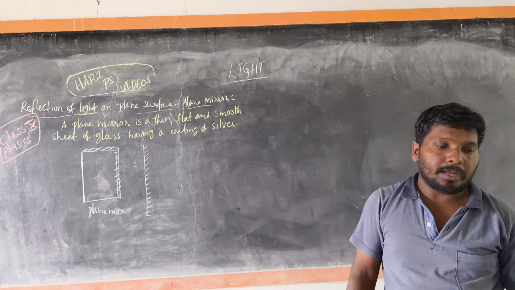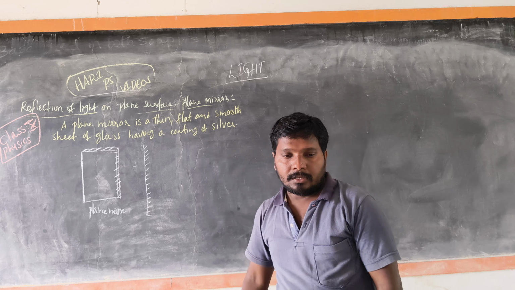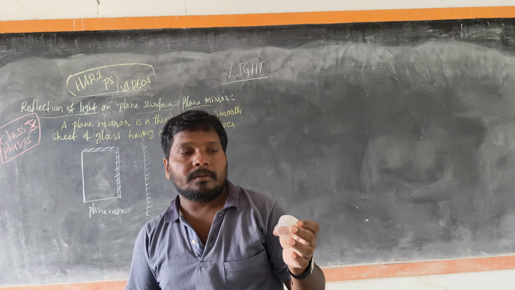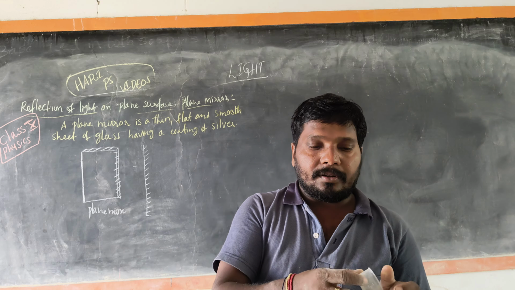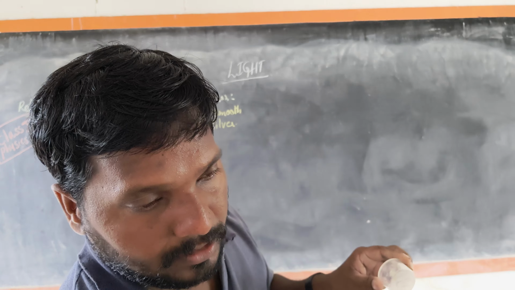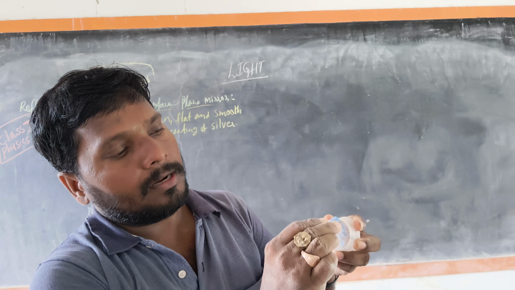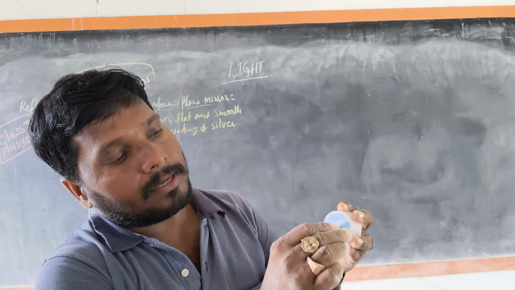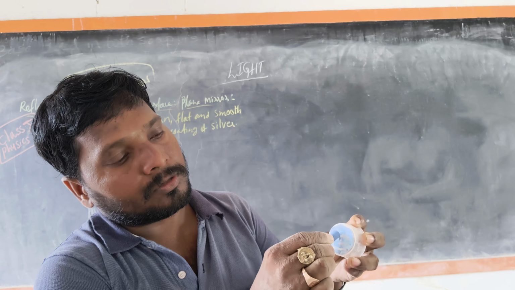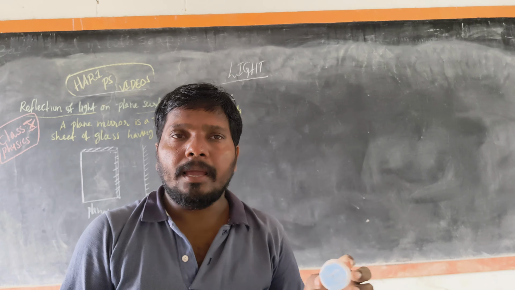The reflection of light in a plane mirror takes place at the silver surface in it. So, for example, if it is a transparent glass sheet, and this side is coated with silver, for example, here I am applying some piece of chalk, then just like it acts as a plane mirror.